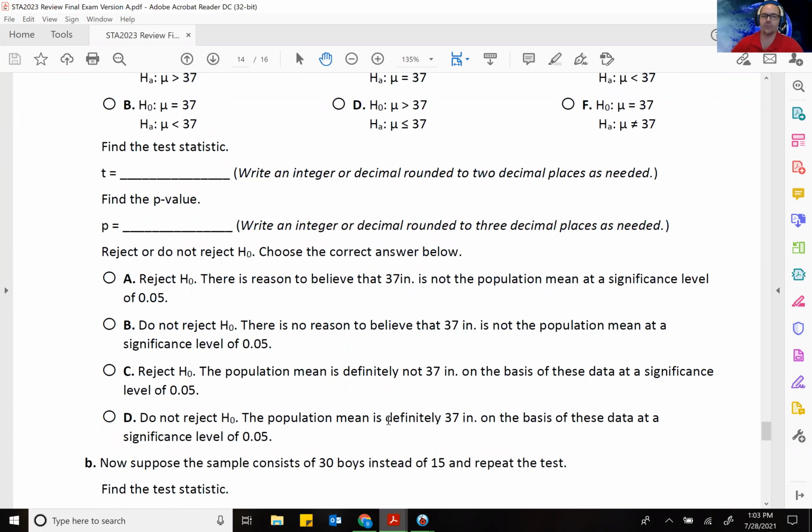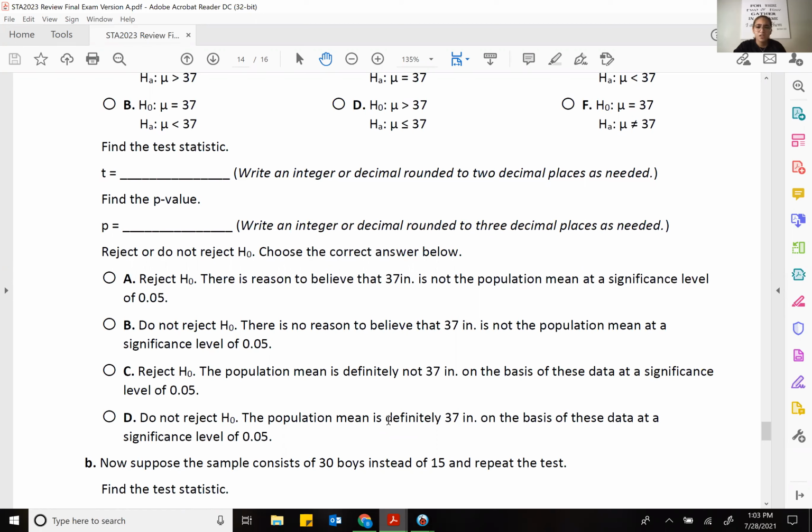It says, are we going to reject or fail to reject? Fail to reject. So that means it's either B or D. Is it B? I would say B. Wait, did you say you're rejecting? No, do not reject.